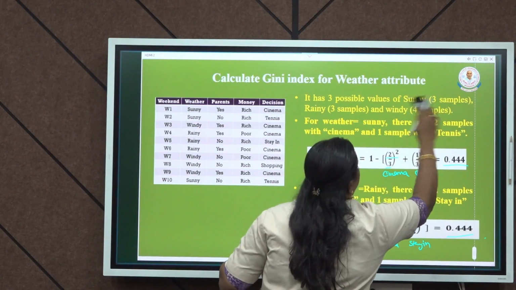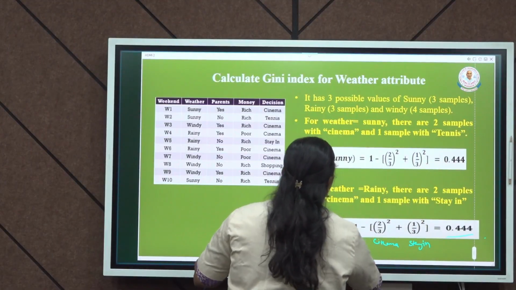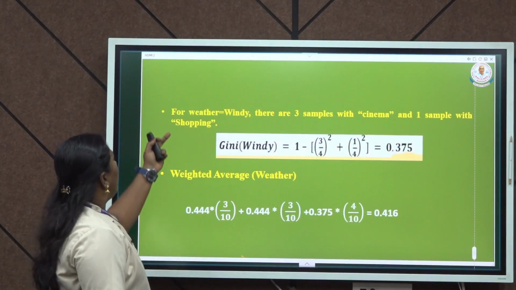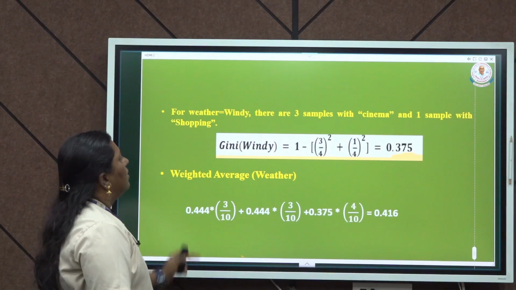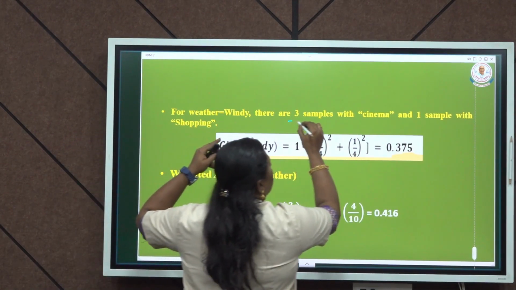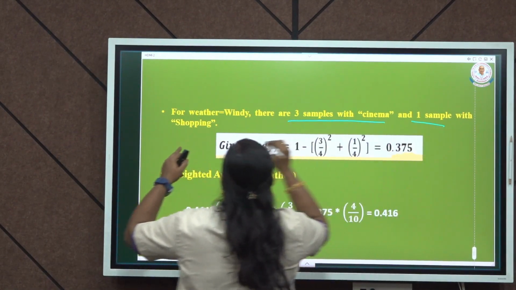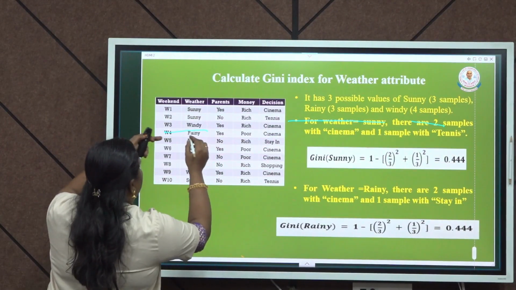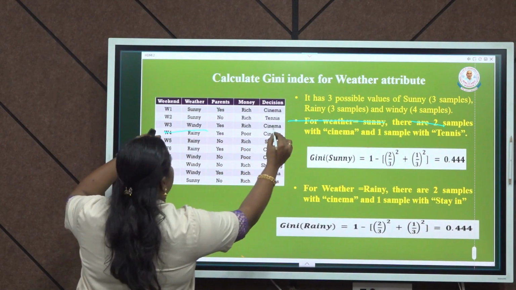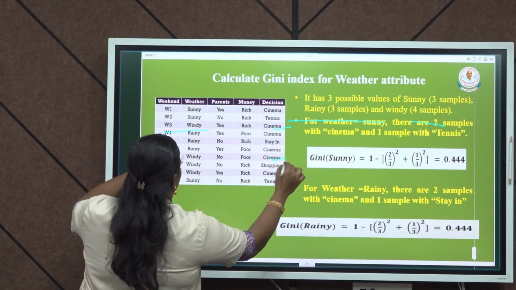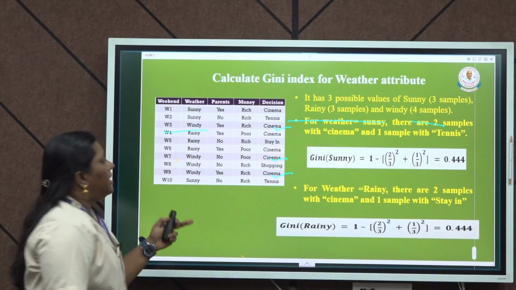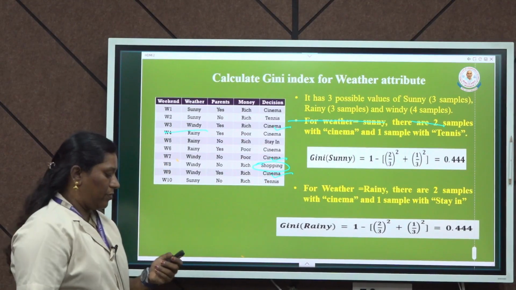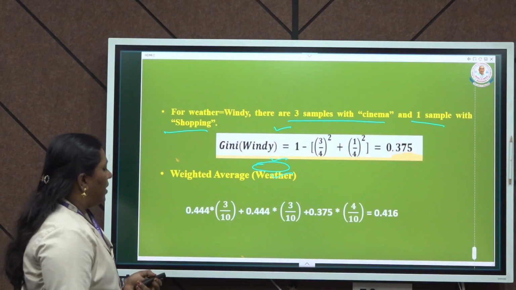Next, let us calculate the Gini index for windy. When weather is equal to windy, there are 3 samples with cinema and 1 sample with shopping.